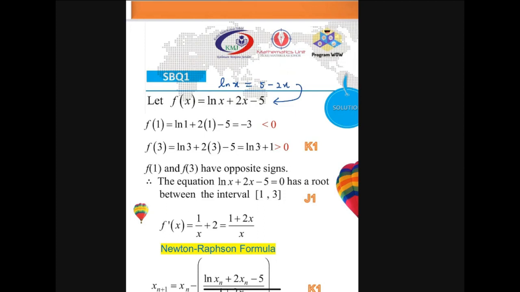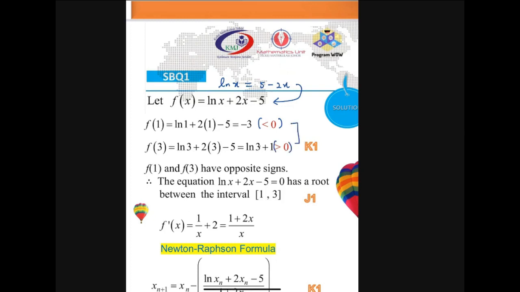And then in order to prove this is between 1 up to 3, so just straight away substitute value of 1, the first one. Okay, make sure you obtain the answer. The sign, very important. So for the first one, we have negative ln 3, that is negative value. And then once we substitute F3, we obtain ln 3 plus 1, and that shows a positive value.